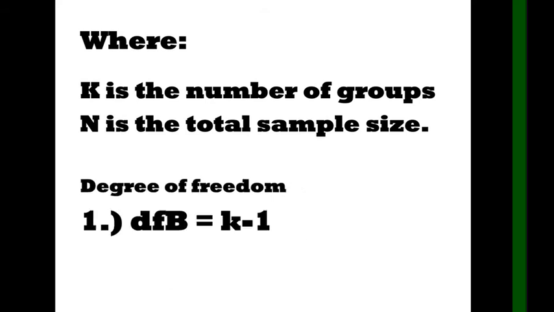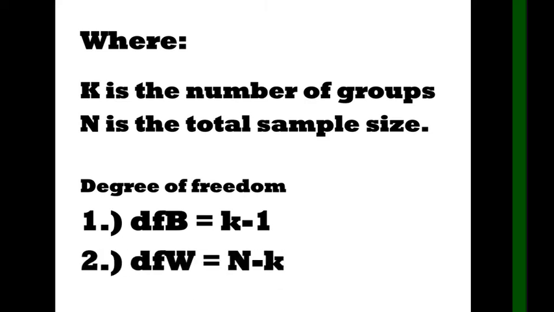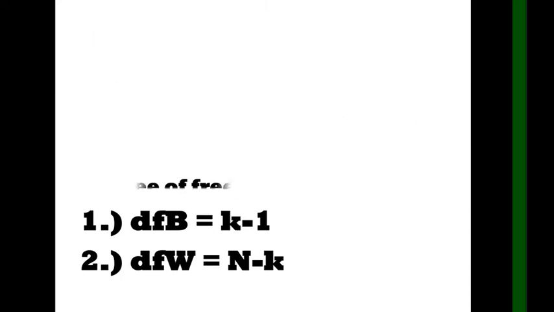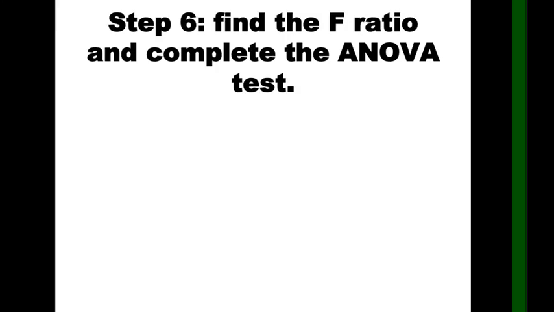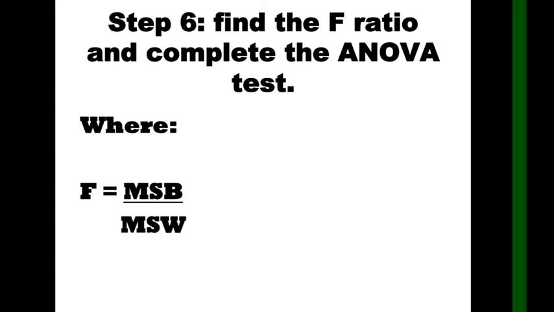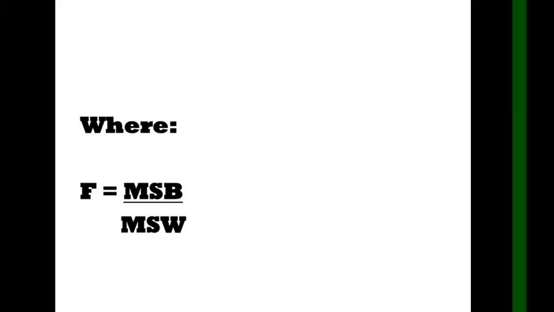Degree of freedom: DFB is equal to K minus 1, and DFW is equal to N minus K. DFB is the numerator and DFW is the denominator. Step 6. Find the F ratio and complete the ANOVA test, where F is equal to MSB over MSW.